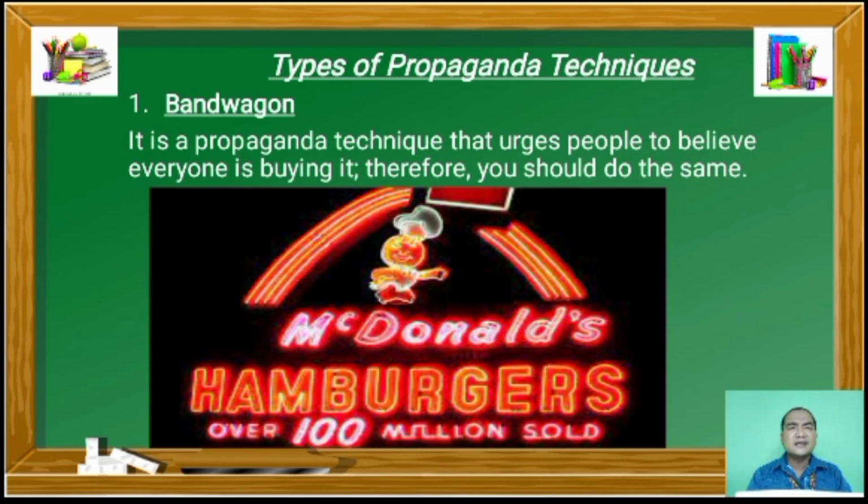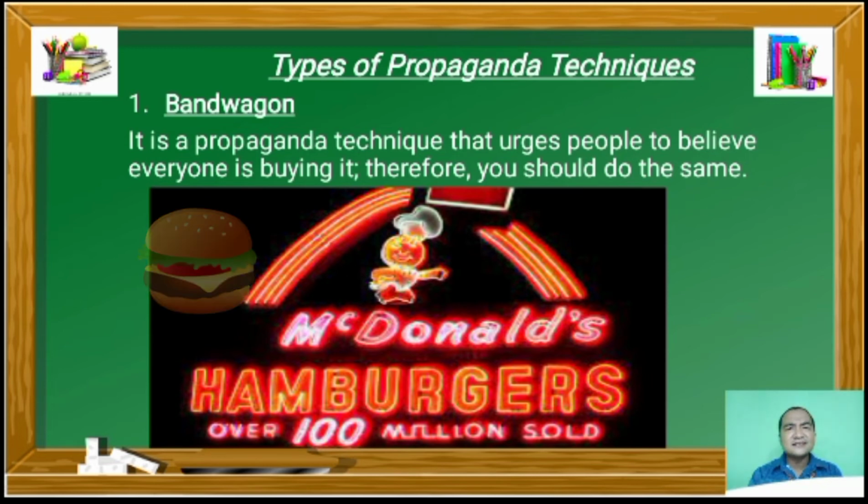In other words, the advertiser of this product wants us also to buy hamburgers because it is said that over 100 million sold. If we will not buy it, we can say that we are being left behind because we do not buy their product.